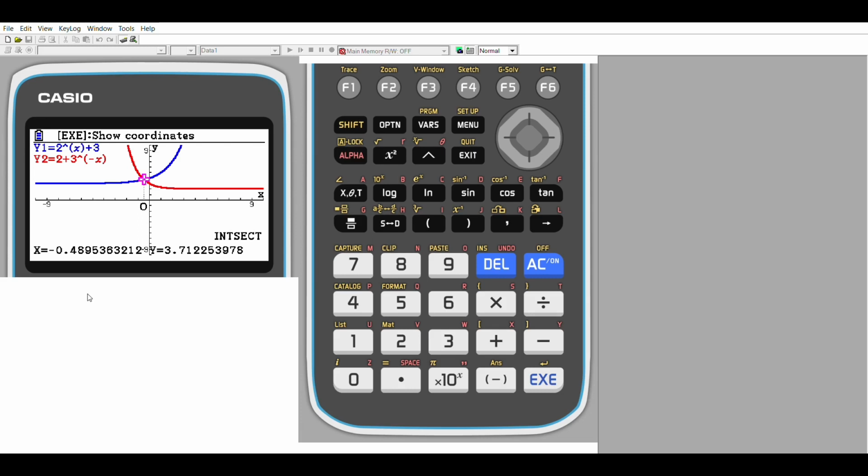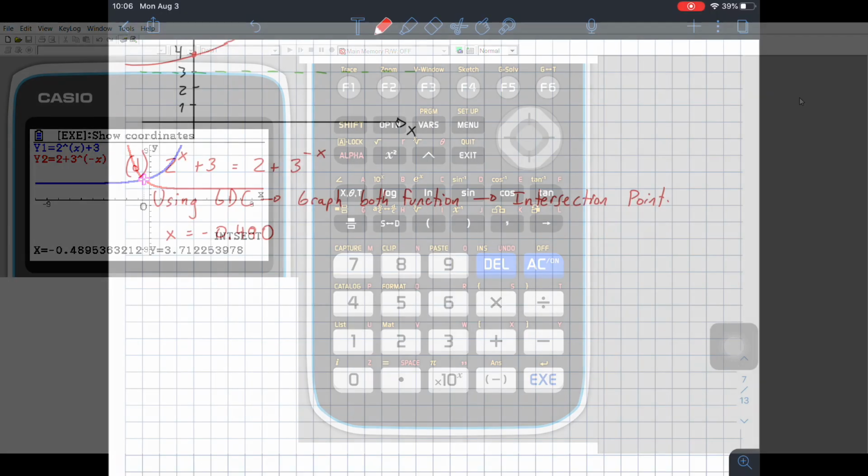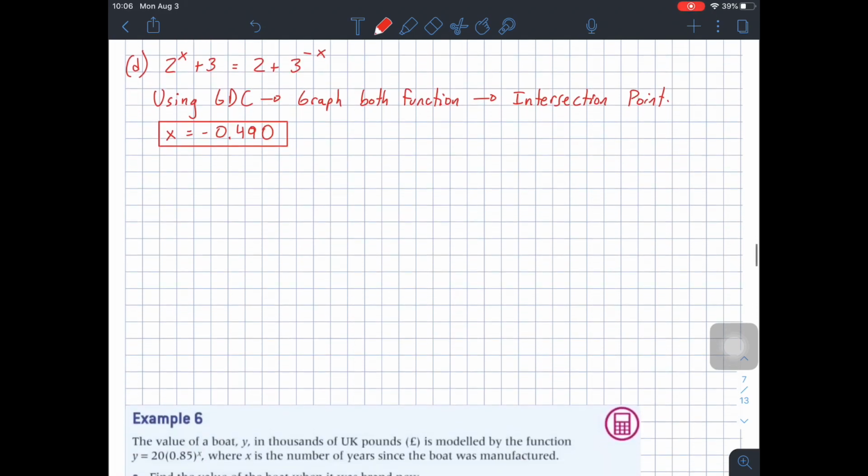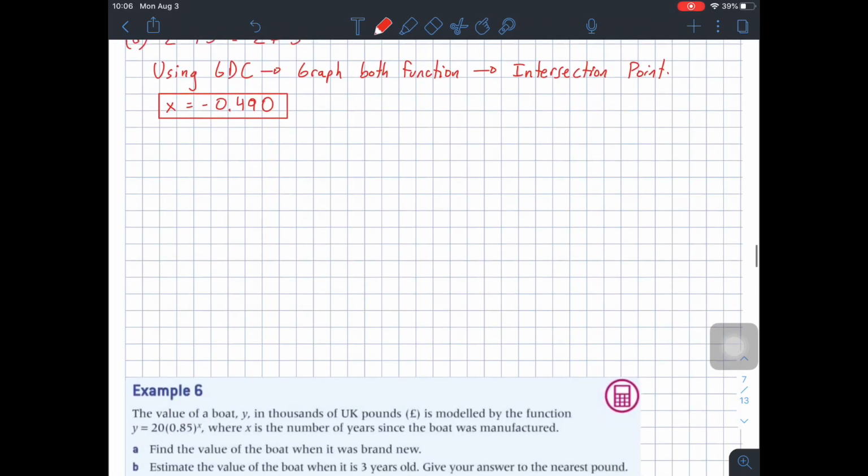If we write to three significant figures, so that'll be the solution of this equation. Sorry. So if we go back to the assignment, this is the answer. x equals negative 0.490. Okay. Super. And I'm going to put the graph later on here for you to have.